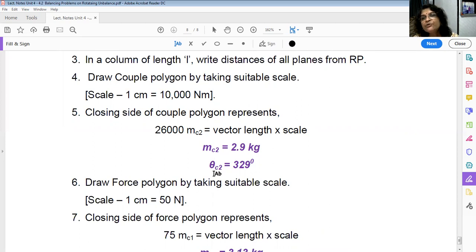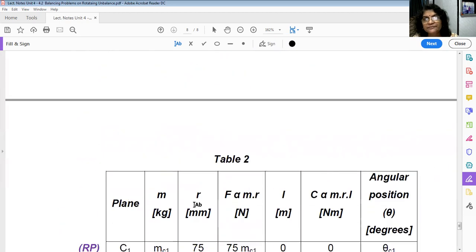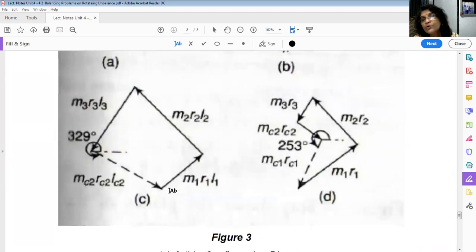How to measure now this theta C2? 329 degree we are getting. I told you how to measure the angle. See, this is the vector representing that MC2. This is the start of the vector, this is the end of the vector. So to measure the angle of this vector, draw a horizontal line at the start of the vector, and from the positive x-axis, measure this angle.